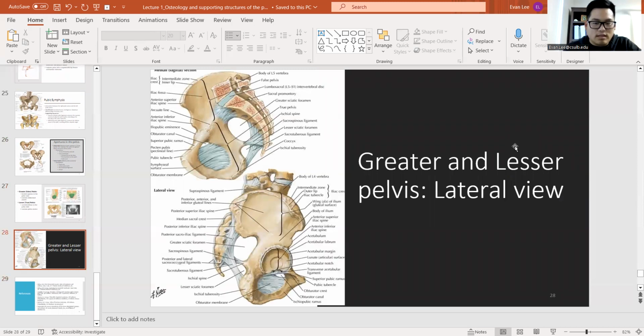So here you can see the greater and lesser pelvis, formed by the iliac crest over here. But then you also have the lesser pelvis or the true pelvis formed by, in this case, the arcuate line of the ilium. Those are the different borders, but they all share the pubis in the front and the sacrum in the back.